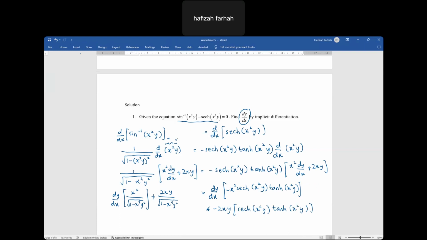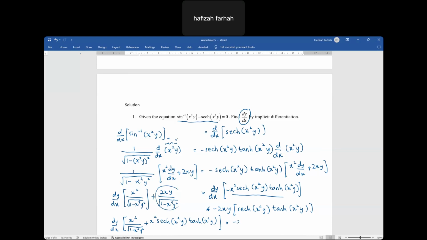Now let's combine the dy/dx terms. Our dy/dx will be this one, x squared over this, minus. So it becomes plus, right? So I move this to the right hand side: x squared secant hyperbolic x squared y tangent hyperbolic x squared y, equals the left hand side.